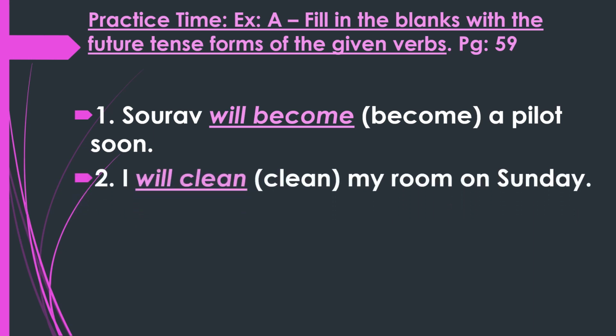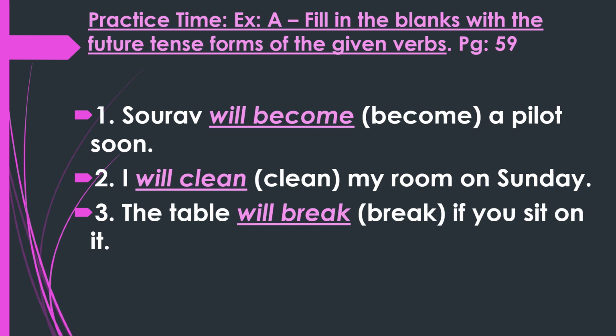The second one is I dash my room on Sunday. Here the verb given to us in the bracket is clean. So we have to add will before the verb and make it in future tense. So the sentence becomes I will clean my room on Sunday.